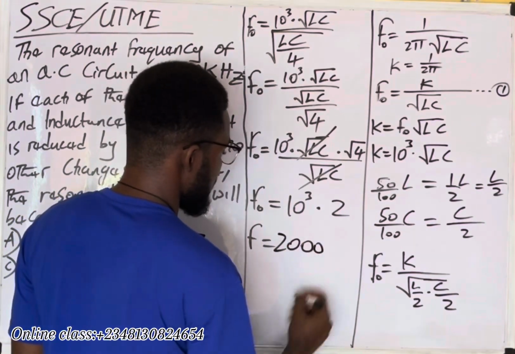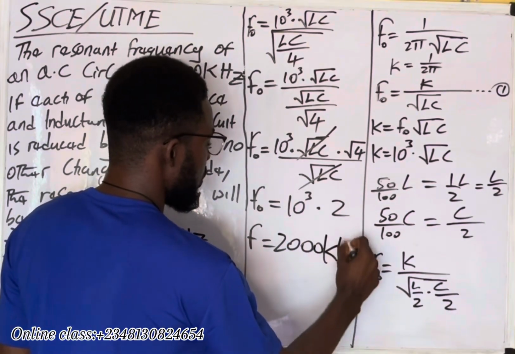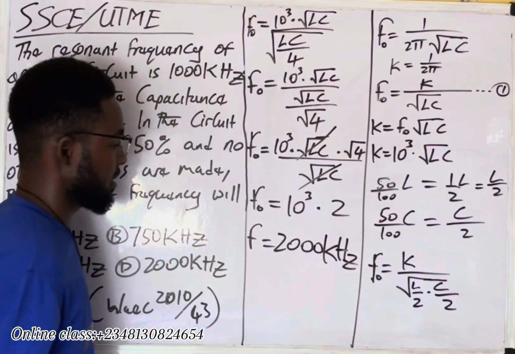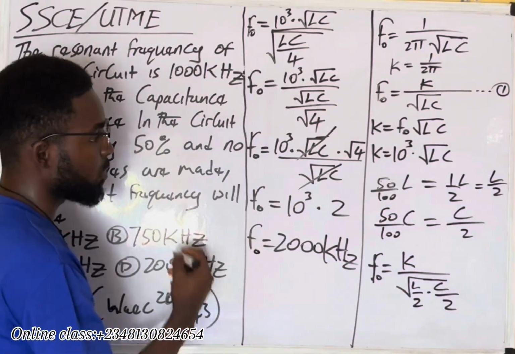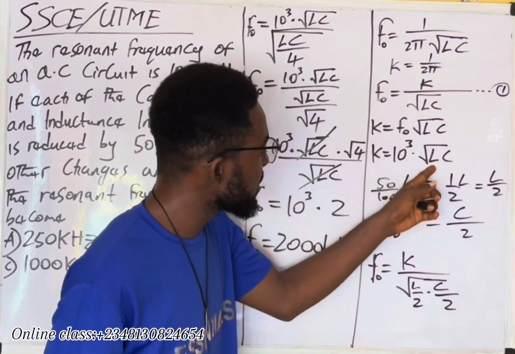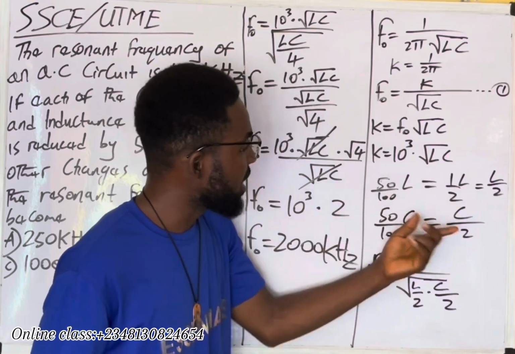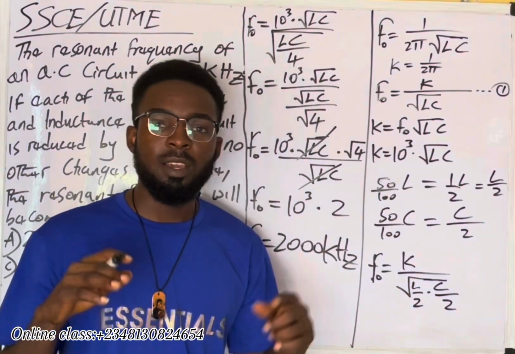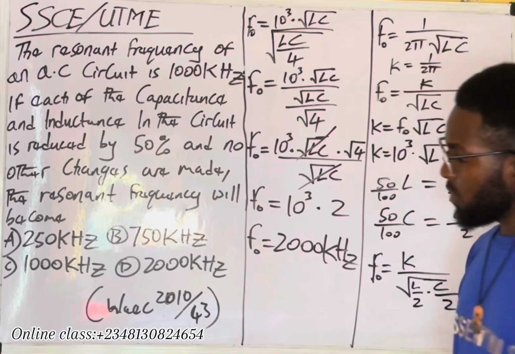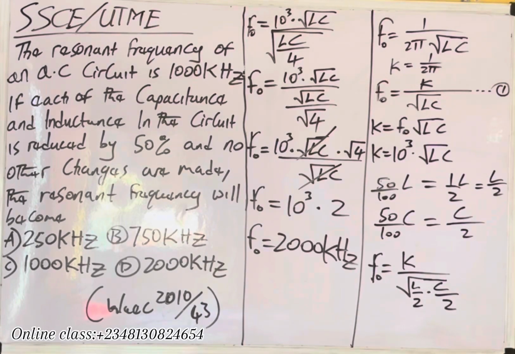So this is 2000 kilohertz, the resonant frequency when the inductance and the capacitance are reduced by 50%. This is an objective question, and the correct answer here is D.